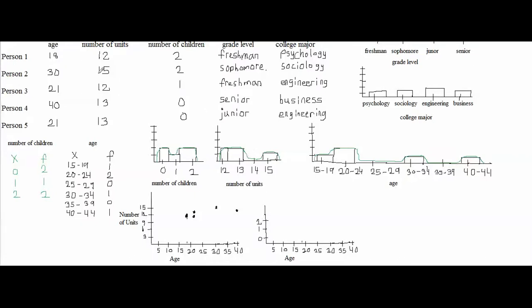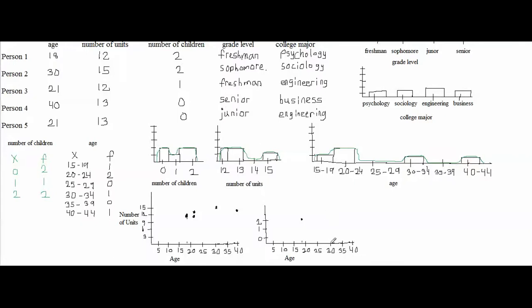So person 1 is 18 years old and has 2 children. So 18 is right here for age, and 2 children is right here. So we have to line up 18 years old with 2 children. And person 2 is 30 years old and has 2 children.